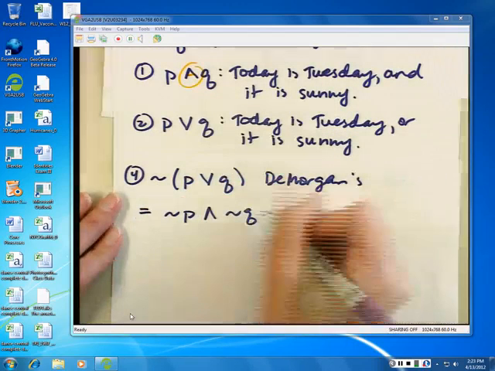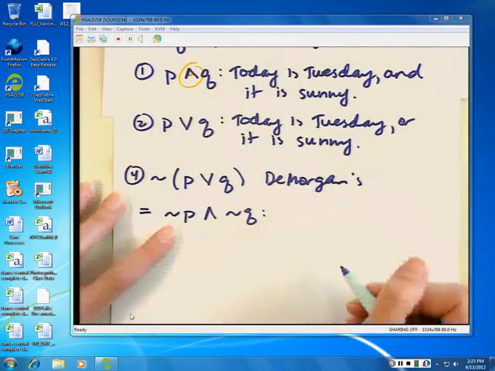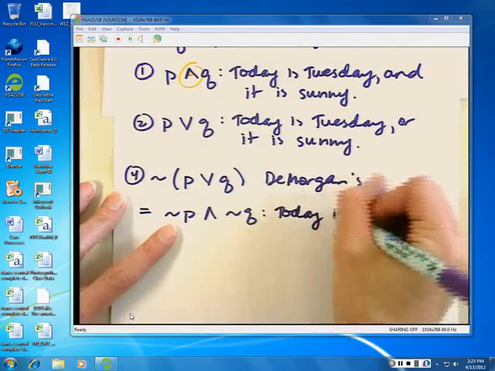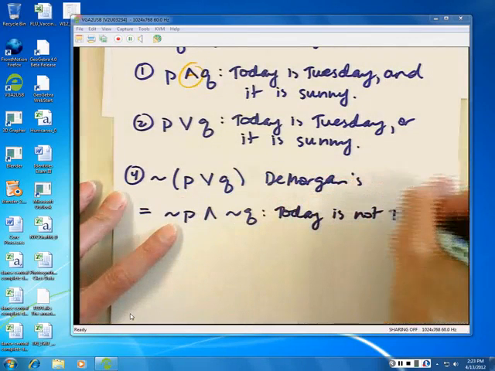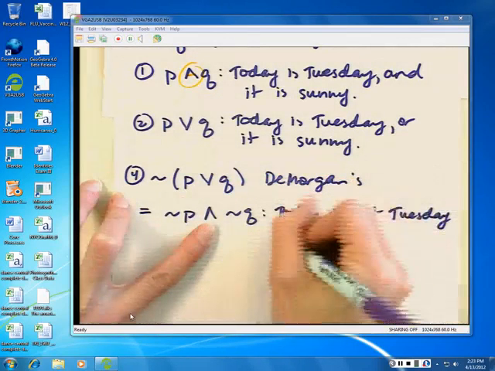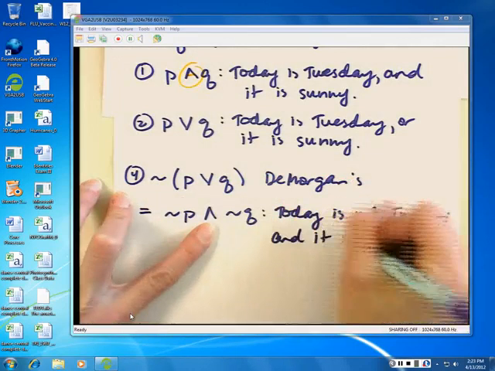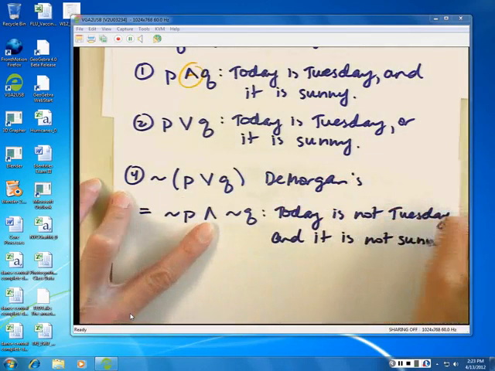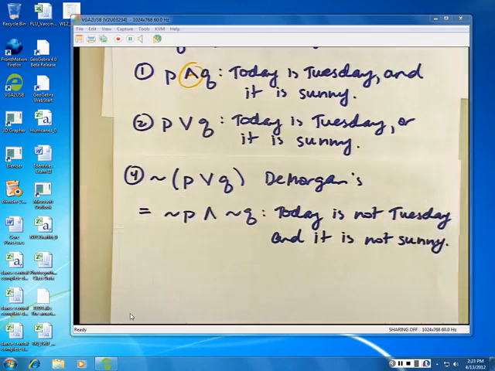So this becomes, okay, not P. P was today is Tuesday, so today is not Tuesday, and I changed that into an and it is not sunny.